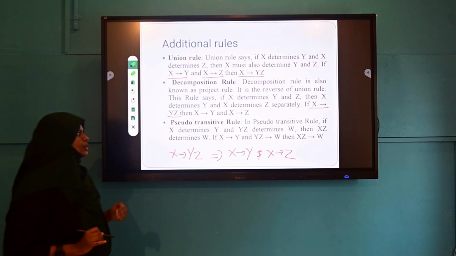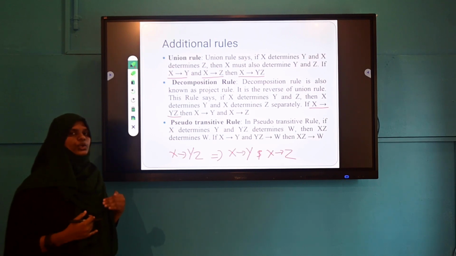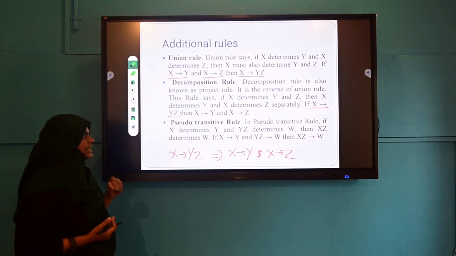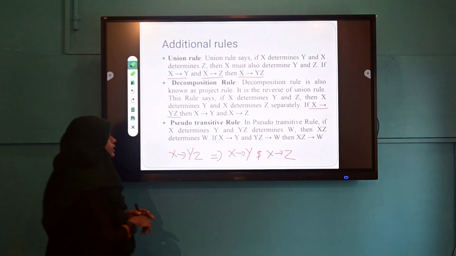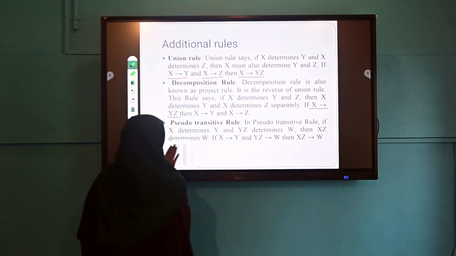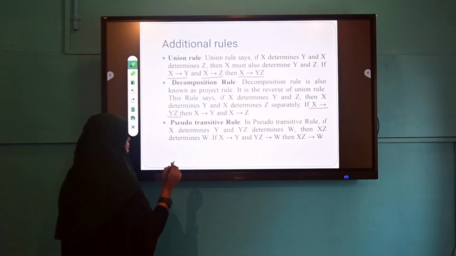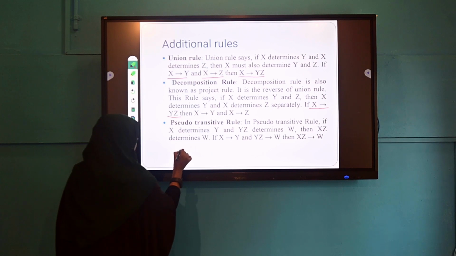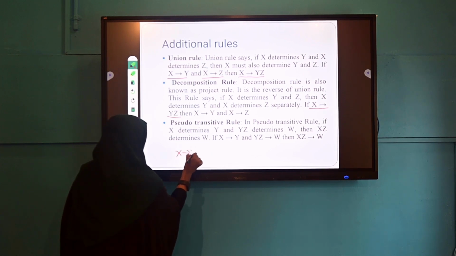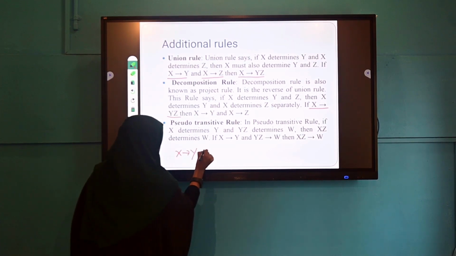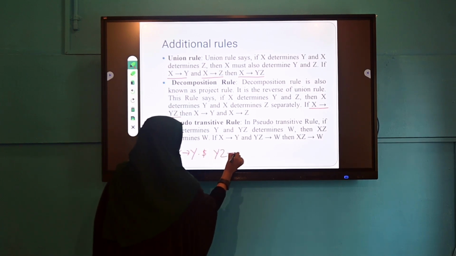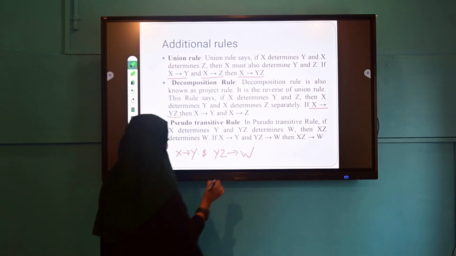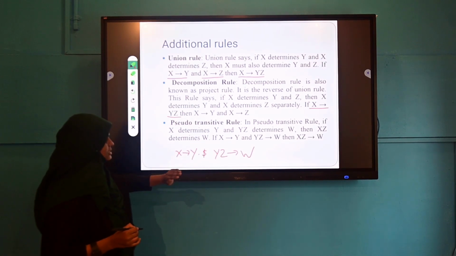Next one is pseudo-transitive rule. In pseudo-transitive rule, if X determines Y and YZ determines W, then XZ determines W. That means we have two functional dependencies, X determines Y and YZ determines W. Here we can check transitive rule.